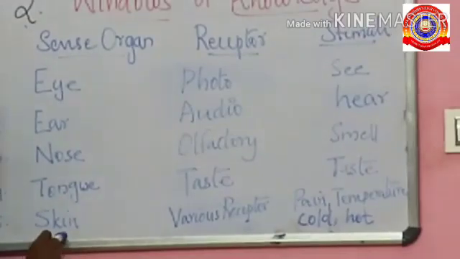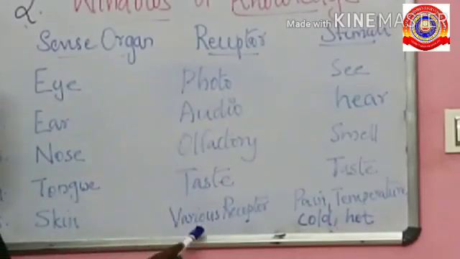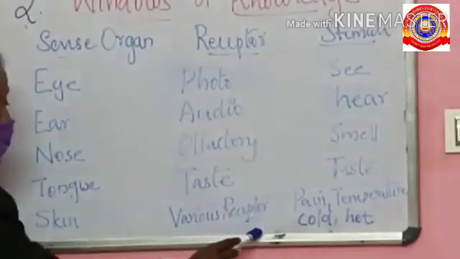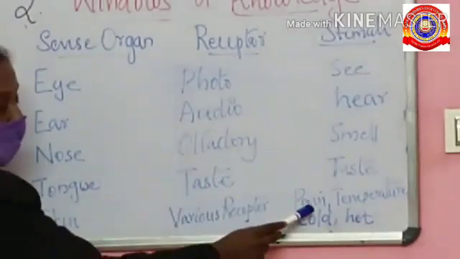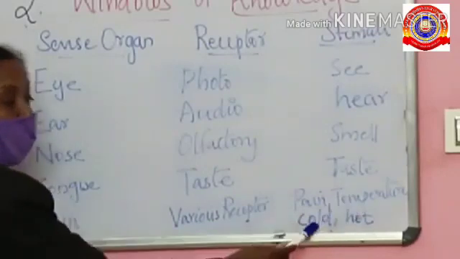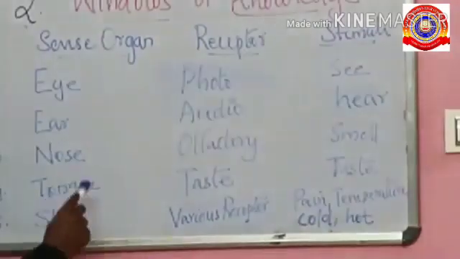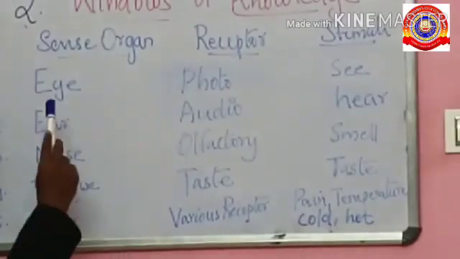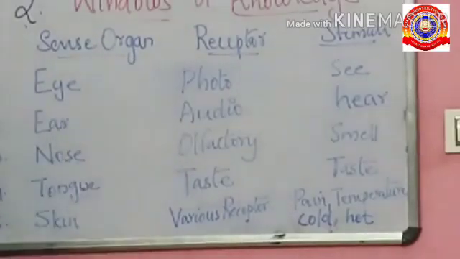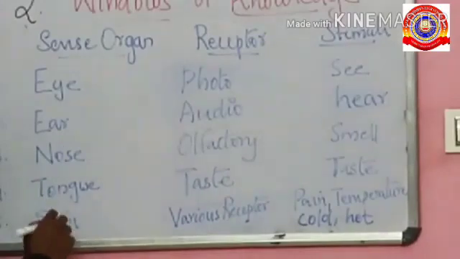Last one is the skin. The skin contains various receptors such as pain, temperature, cold and hot. So students, in this chapter you are going to learn about all these things. This you have to write in your notebook and learn it.